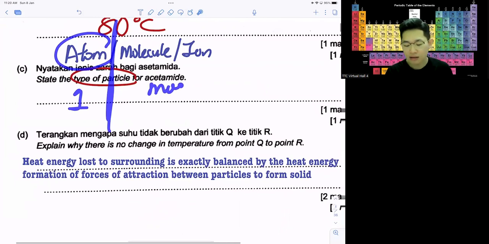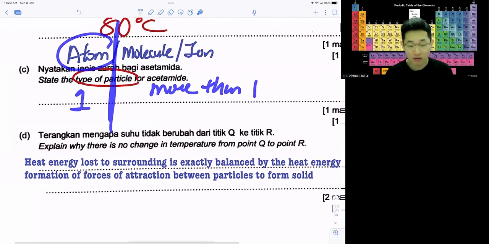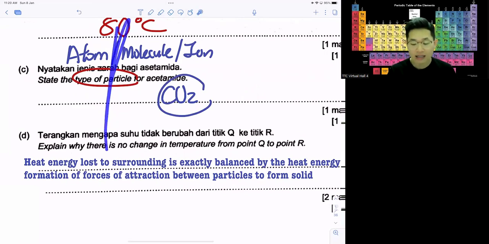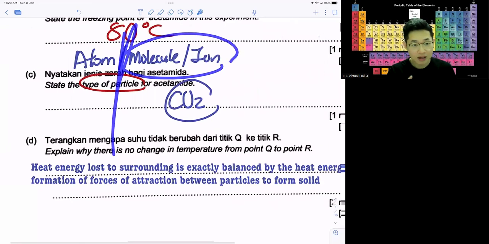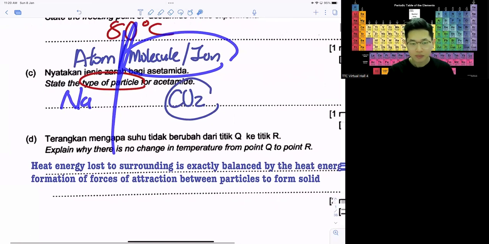More than one will be molecule or ion. For example, CO2 is more than one, right? 总共有3个 so it's under more than one, 这个 right hand side 的地方, not atom. If it is Na only, then atom, one.